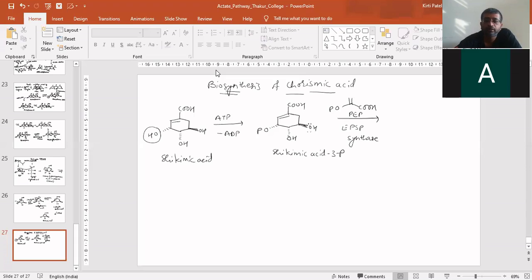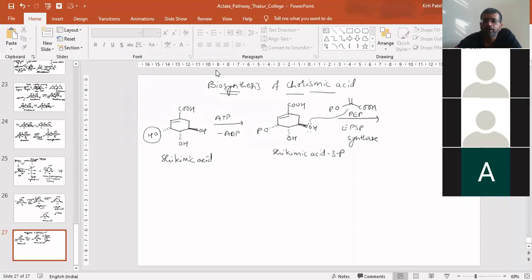There will be this hydroxyl group, and the lone pair of electrons on oxygen will attack the enol carbon-carbon double bond. So we will have H plus ion, phosphate, OH.